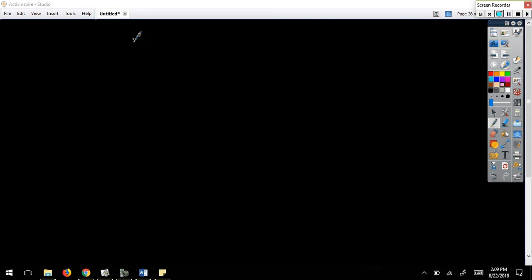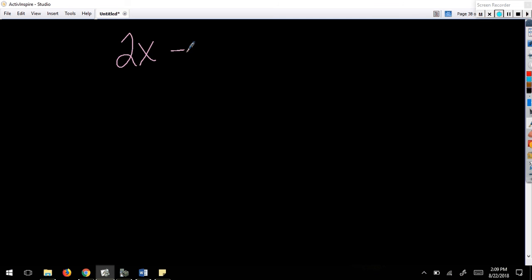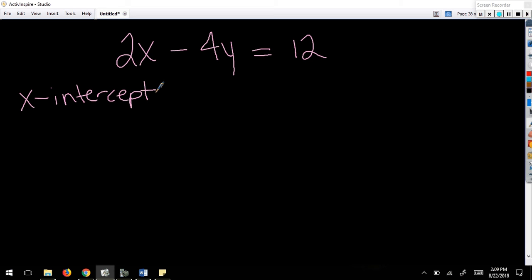Let's say I have 2x minus 4y equals 12. And I want to graph that. First thing I want to do is find the x-intercept. And remember, when we do that, we plug 0 in for what?